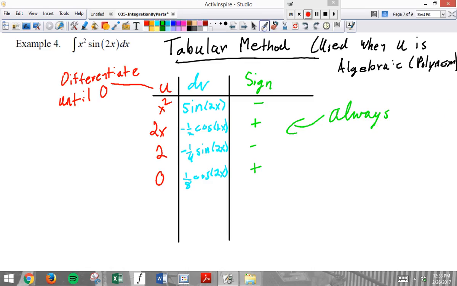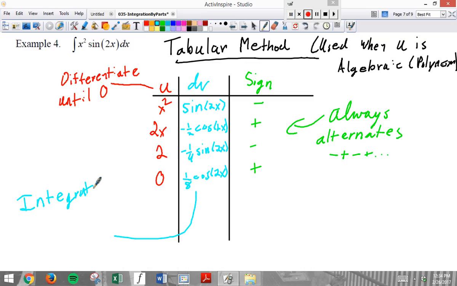Minus, plus, minus, plus. It's always the same. This column, I'm sure you figured it out, integrate. And what tells you to stop? The 0. You just keep integrating until you get that.